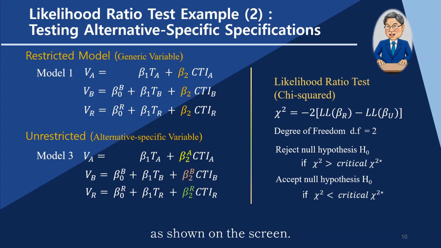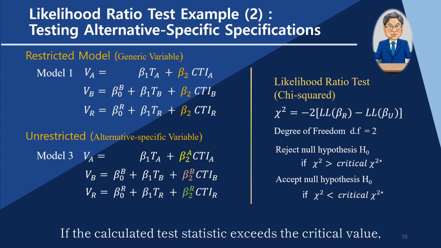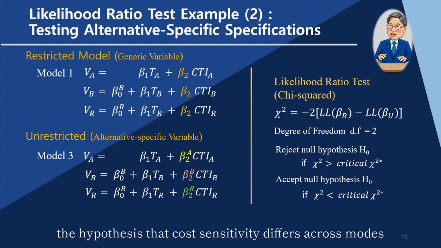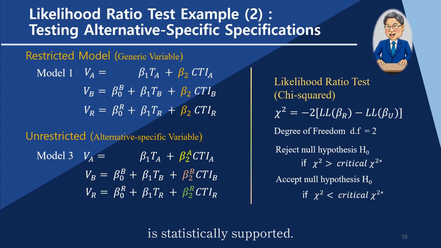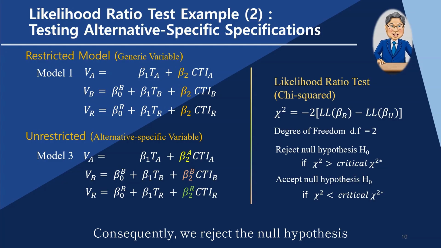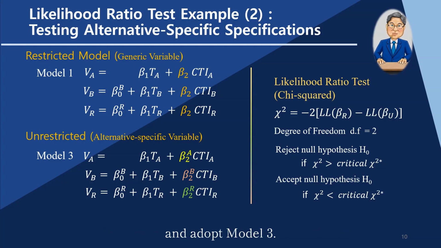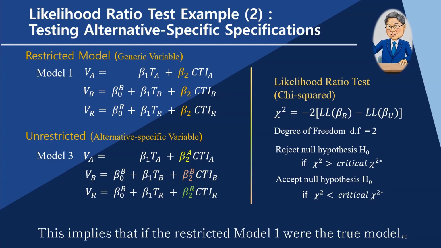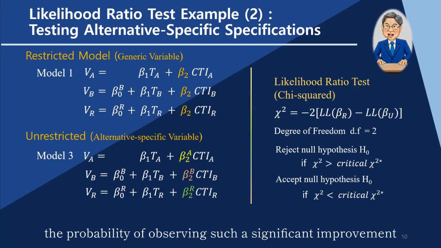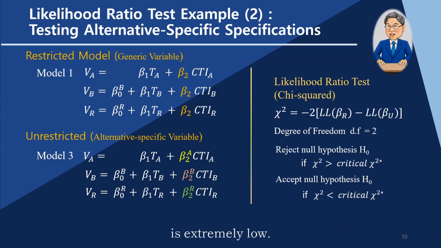shown on the screen. If the calculated test statistic exceeds the critical value, the hypothesis that cost sensitivity differs across modes is statistically supported. Consequently, we reject the null hypothesis and adopt Model 3. This implies that if the restricted Model 1 were the true model, the probability of observing such a significant improvement purely by chance is extremely low.